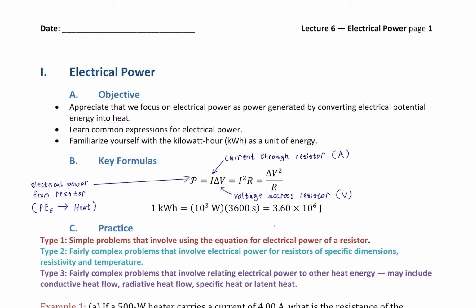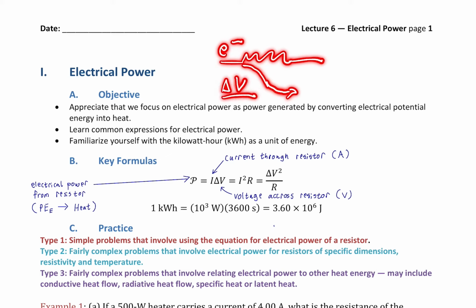It's the flow of charge and how far the charge is decreasing in voltage. Essentially, with the resistor, we have some charge going through it, and it's going downhill in terms of the voltage. The voltage drops across the resistor.